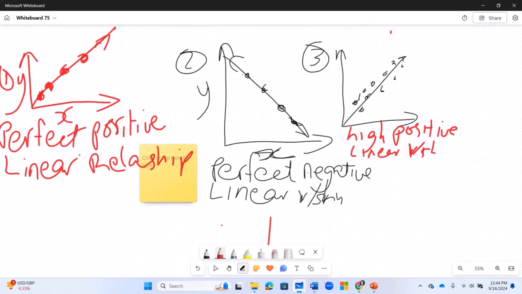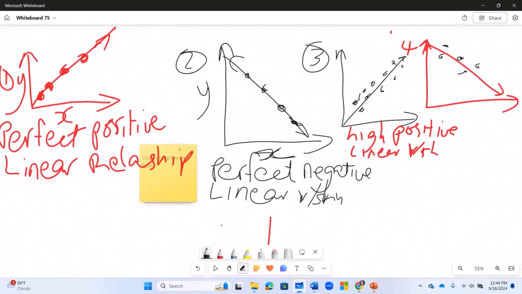Okay. Well, suppose let me have an L graph, and in this L graph, I have a line with a negative slope, and all the points are actually not on the line, but they are close together.